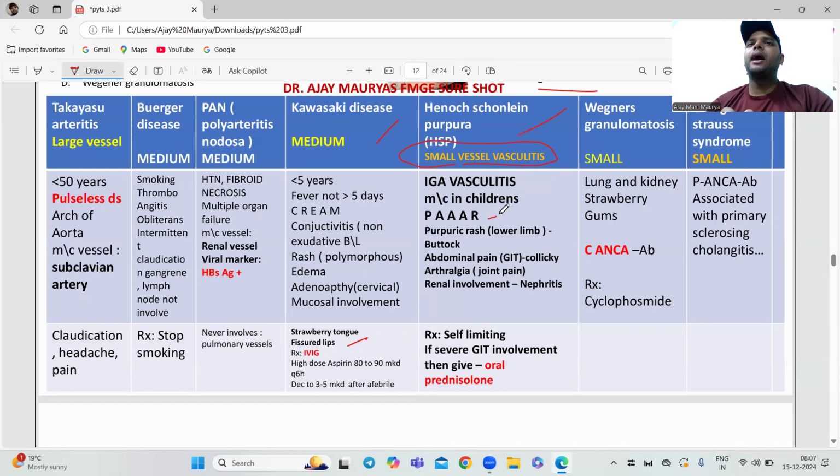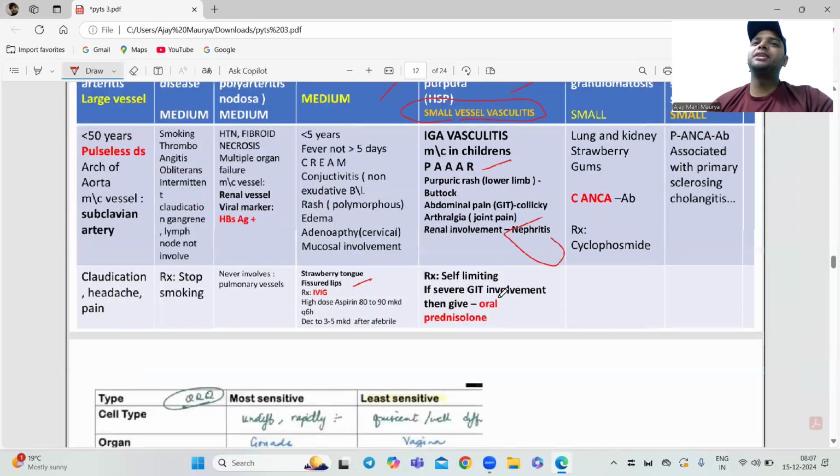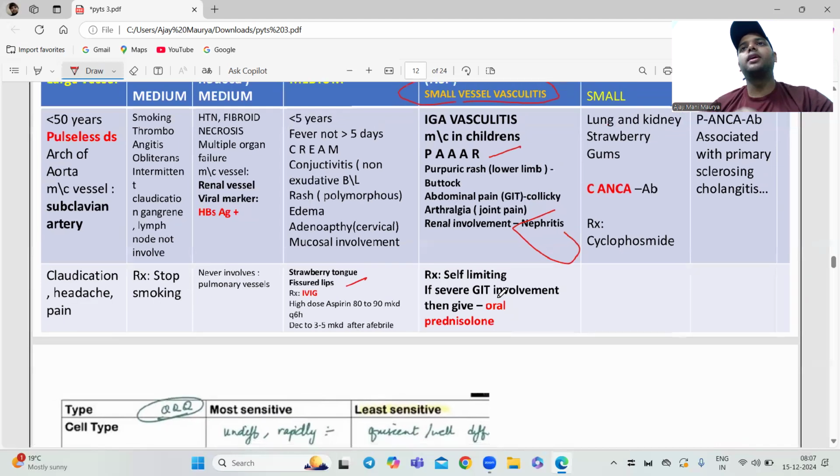Remember the PAR: P for purpuric rash, mainly on the lower limb and buttocks region; abdominal pain; arthralgia, joint pain; and renal involvement, nephritis. Remember, treatment is supportive as it is self-limiting. But if it is severe and involves the GIT, then you have to give oral prednisolone.